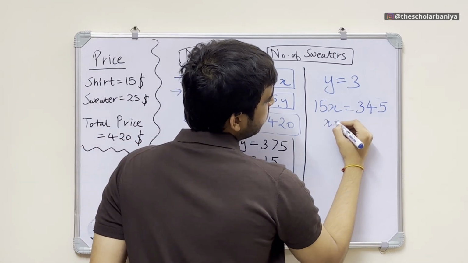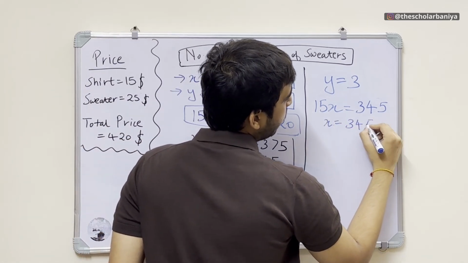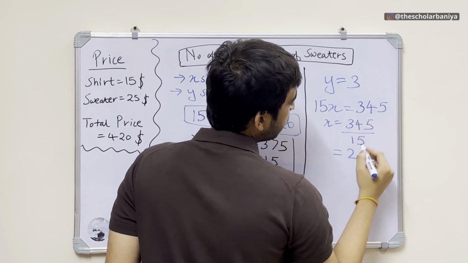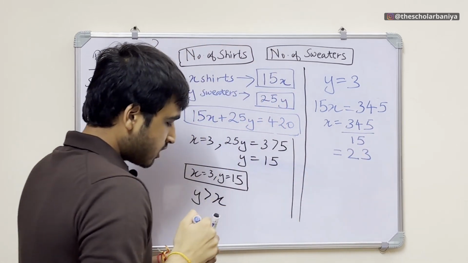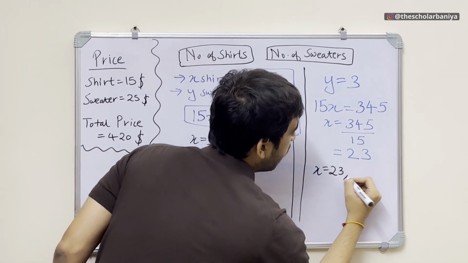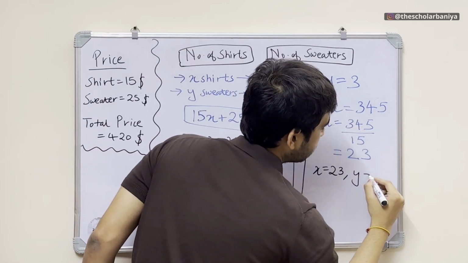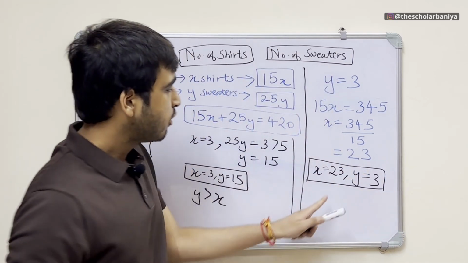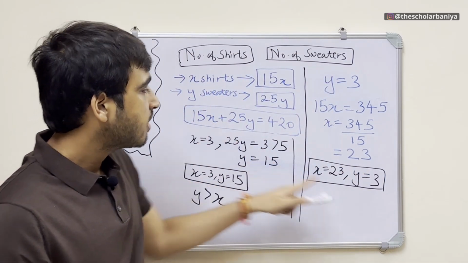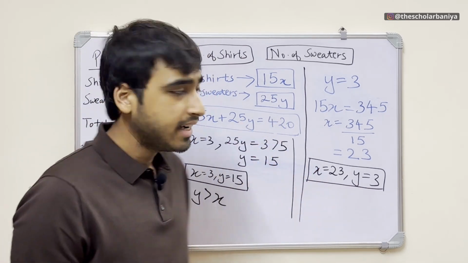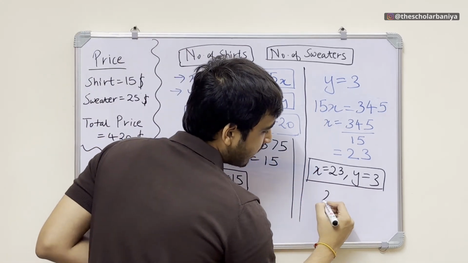So X equals 345 upon 15, which is 23, yes. That means X equals 23 and Y equals 3 is a valid solution. If you put X equals 23 and Y equals 3, you will get 420. That means this is valid, and in this case, X is greater than Y.